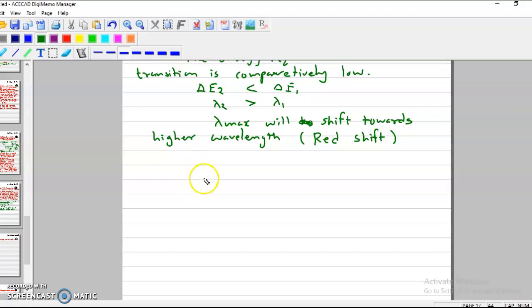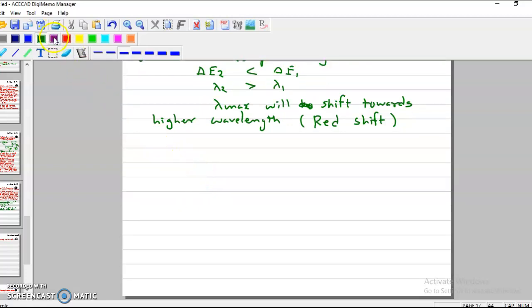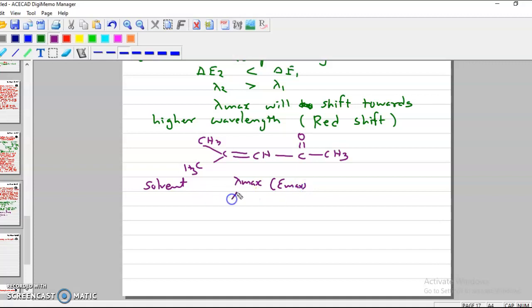We can take one example to understand both these cases. Let us take mesityl oxide, because mesityl oxide is a perfect enone system having both a carbonyl group and a C double bond C group. So see the effect of solvent on lambda maxima and epsilon maxima for pi to pi star transition, as well as lambda maxima and epsilon maxima for n to pi star transition.